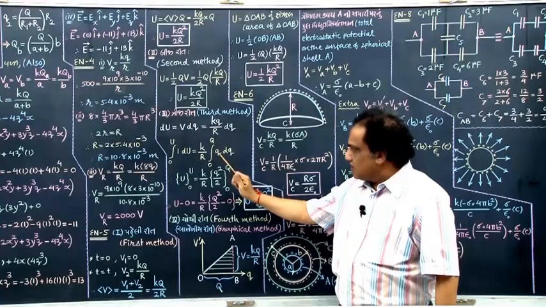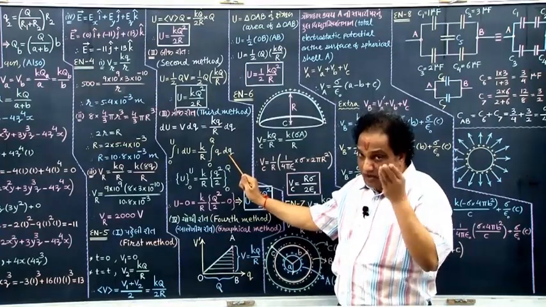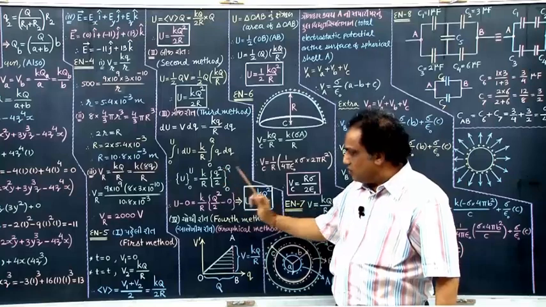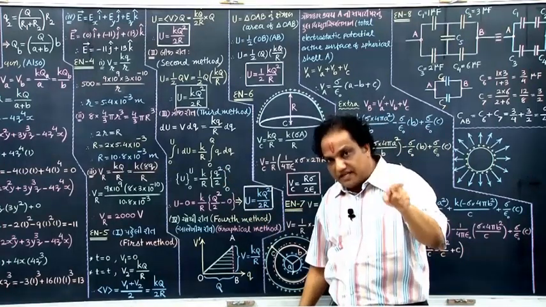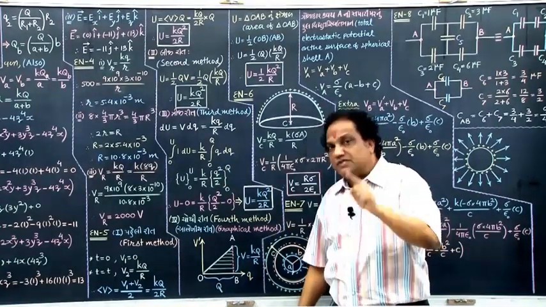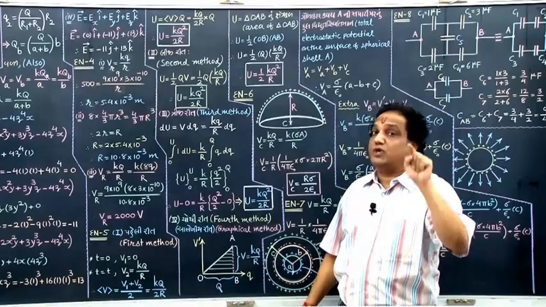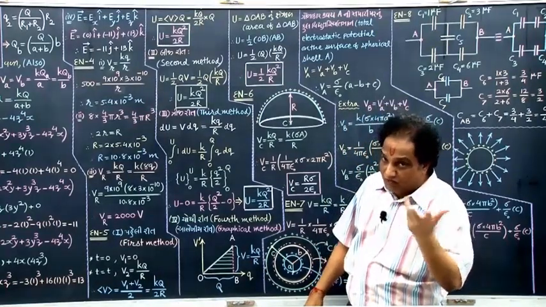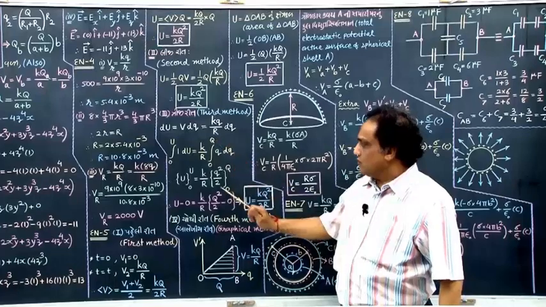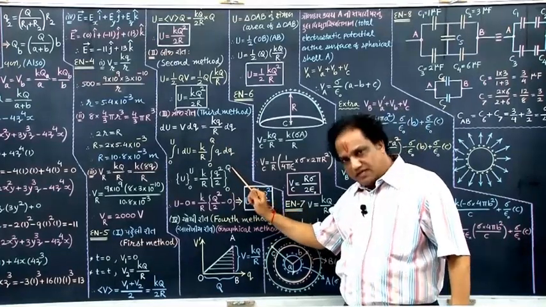What is the integral of q dq? It is q square by 2. You know the integral of x dx is nothing but x square by 2. Similarly, the integral of q dq will be q square by 2, but from where to where? From 0 to capital Q, correct?